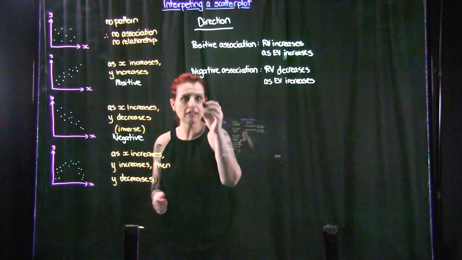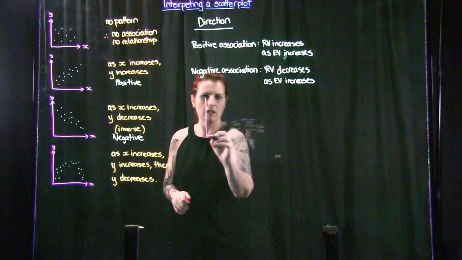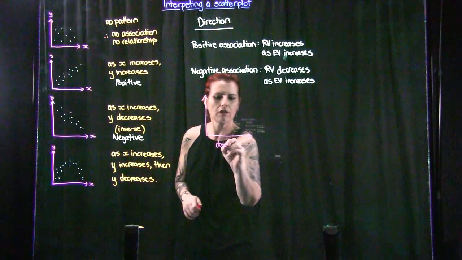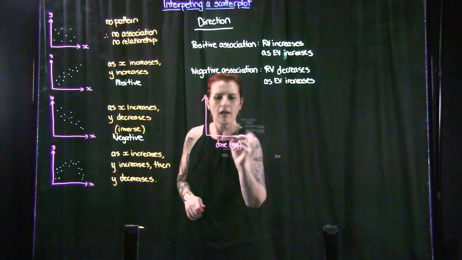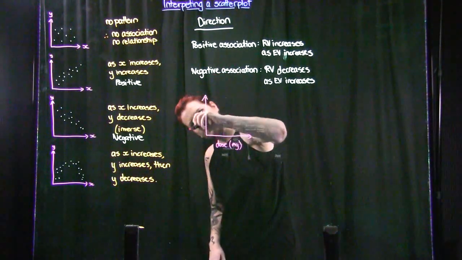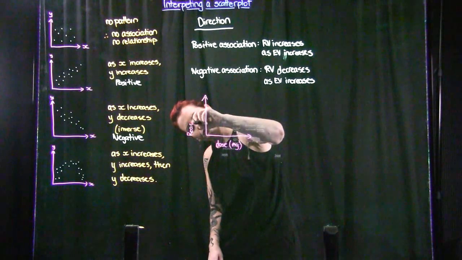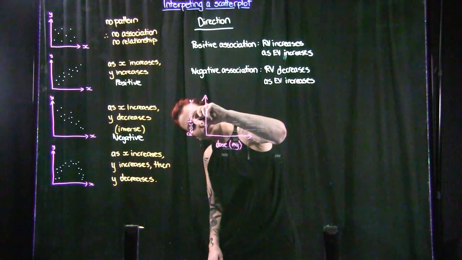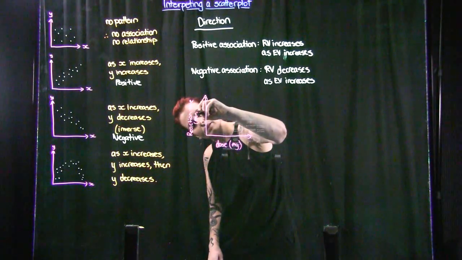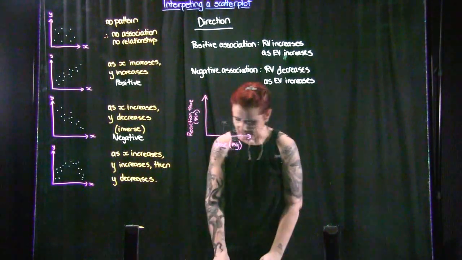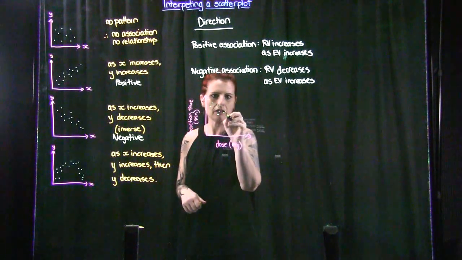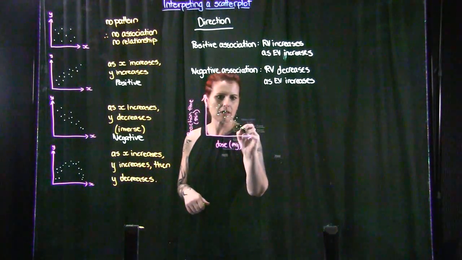Now what I can do is just draw up a little one here, where I say dose in milligrams, and on this side I say reaction time in minutes, and then I pop in my data points.